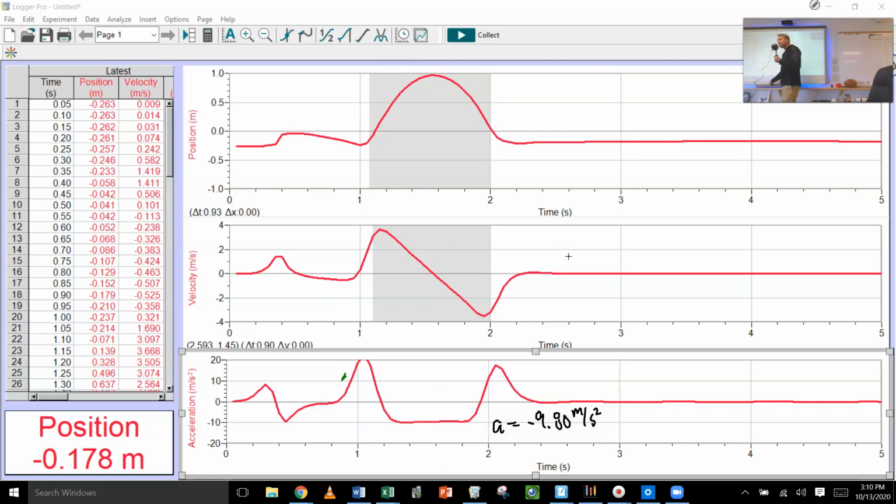The slope at this point is the velocity, the slope at this point, that's the velocity. And at each of these points, the slope is negative 9.8. So you're using the derivative.